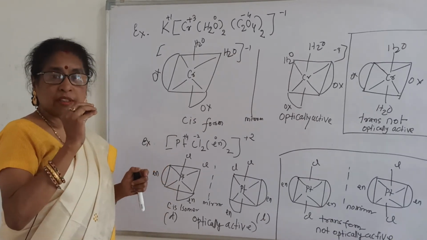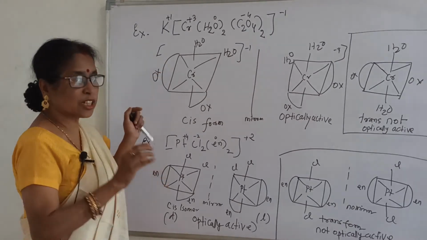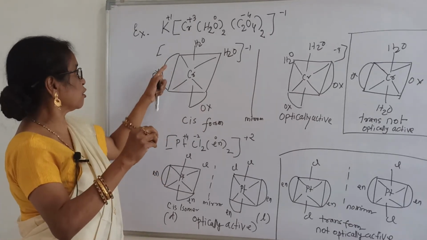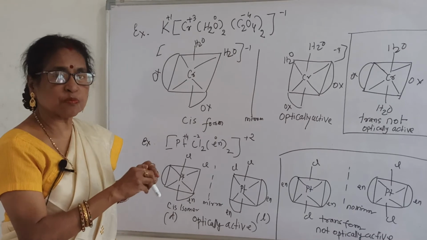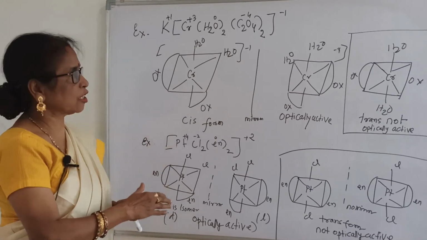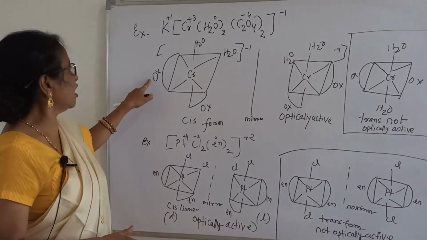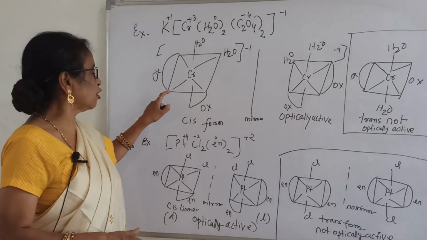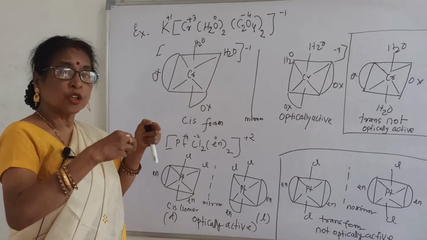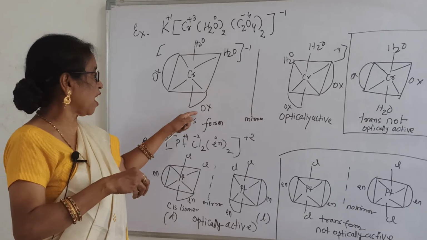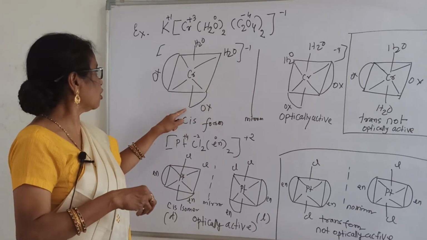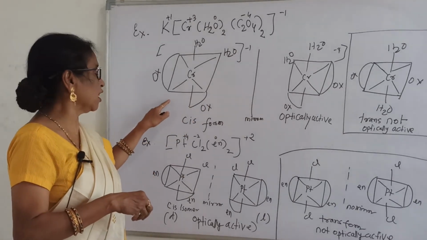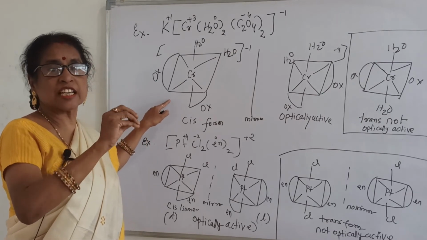If it is a didentate ligand, then how can you attach at two sides regarding cis form and trans form? You think yourself correctly. That means oxalate, you can't put oxalate here. You leave this place and put it, because two sides are attached. The oxalate ion this side also, this side also. If I write oxalato here, in one place two ligands cannot attach.